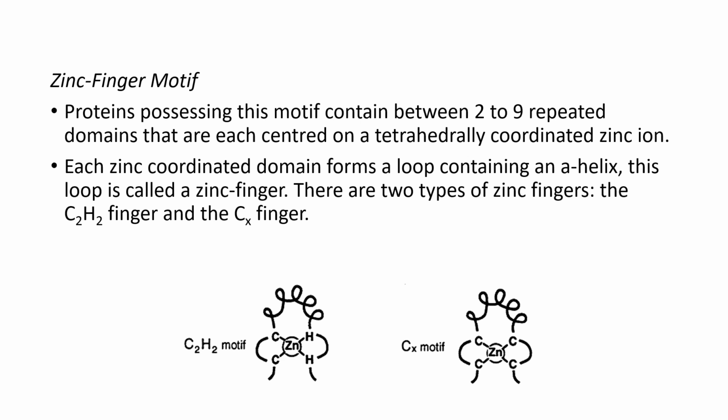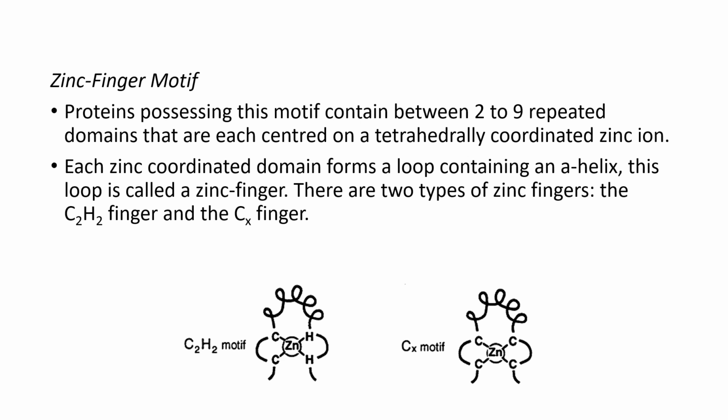If you can see here, there is a zinc ion placed in the center, and across this, there are at least two domains that are located, and each zinc coordinated domain forms a loop containing an alpha helix, and this loop is called the zinc finger.